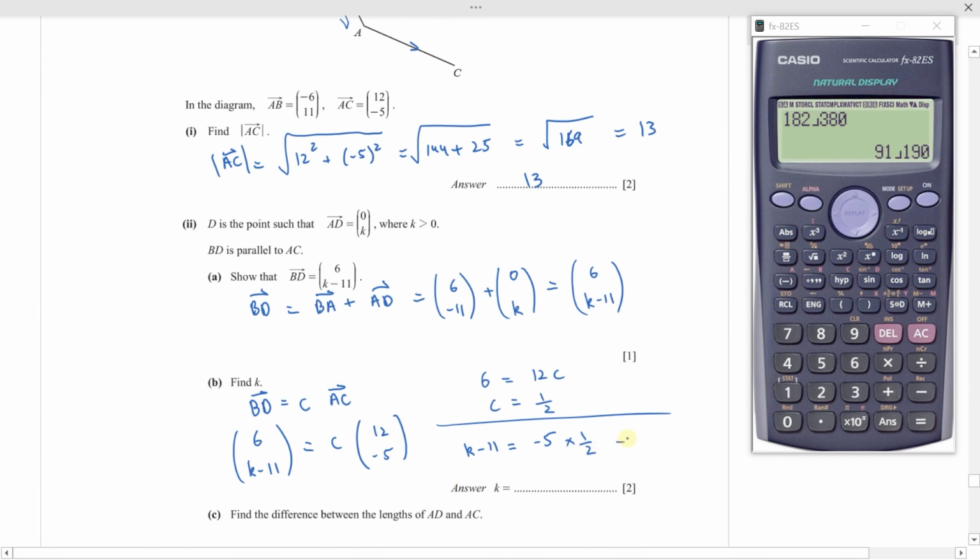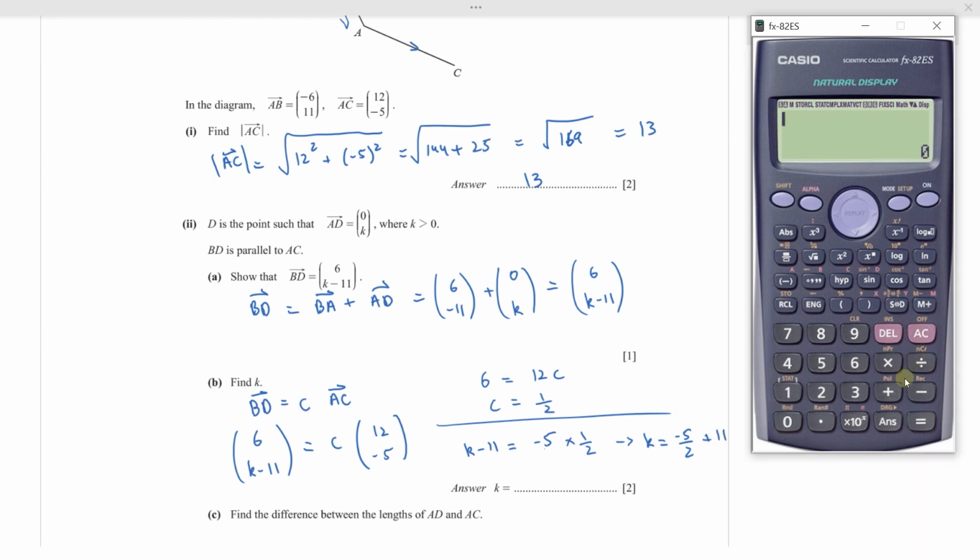And then this will give me K equals minus 5 over 2 plus 11, if I take this 11 to the other side. Which is 17 over 2, which is 8.5. So K equals 8.5.